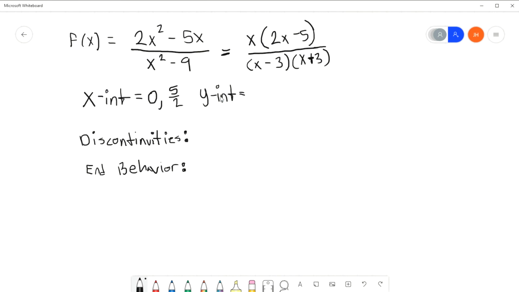The y-intercept. When I plug 0 in for x here, I should get 0 on top, negative 9 on the bottom. What's 0 divided by negative 9? 0, right? The discontinuities, that's the zeros of the denominator. That would be at 3 and negative 3. And I know that they're both asymptotes, right?